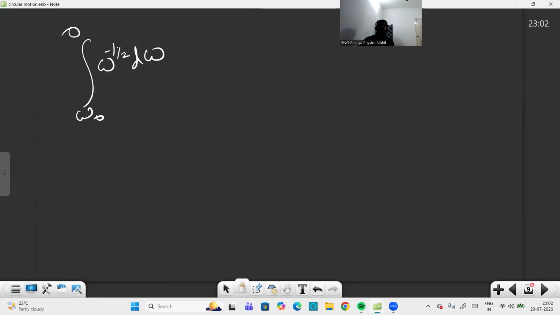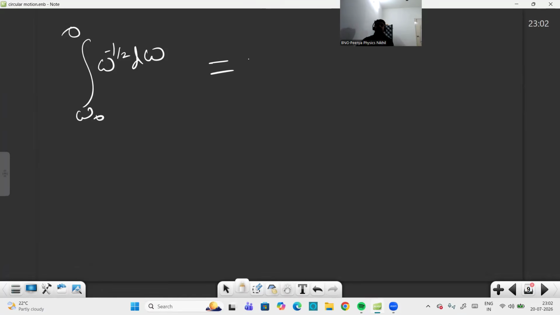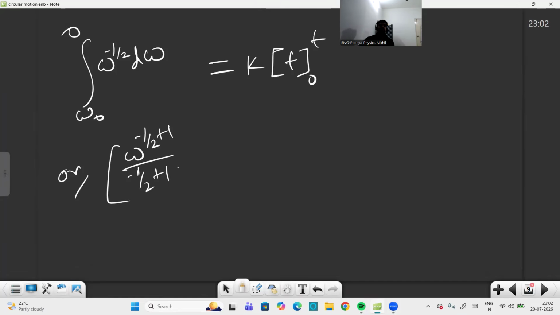On the other side, the integral of k dt is over t from 0 to t. Now we can write omega to the power minus 1 by 2 plus 1 divided by minus 1 by 2 plus 1.